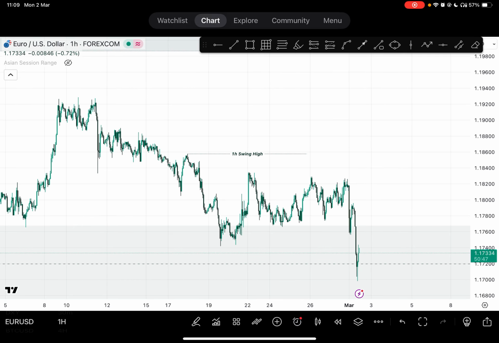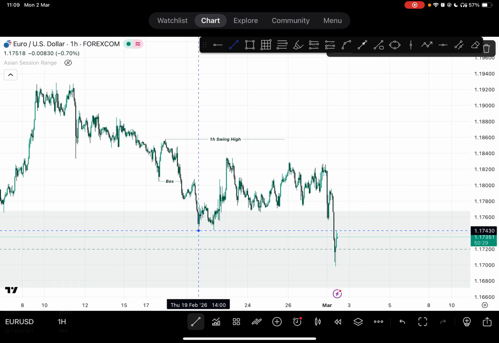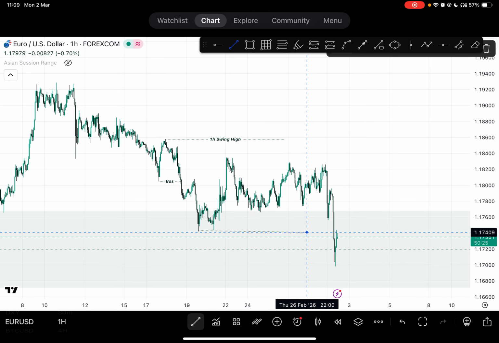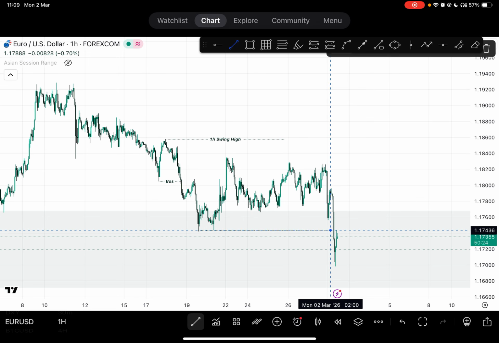And we have this low, which price has recently taken out, right? We have a new breakout structure there, and where did price retrace to?